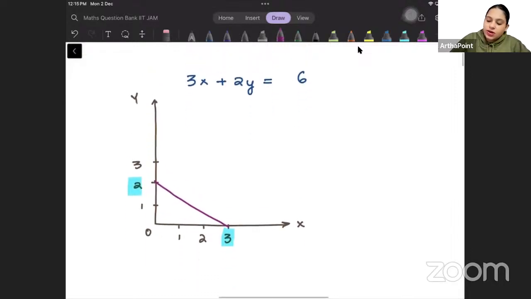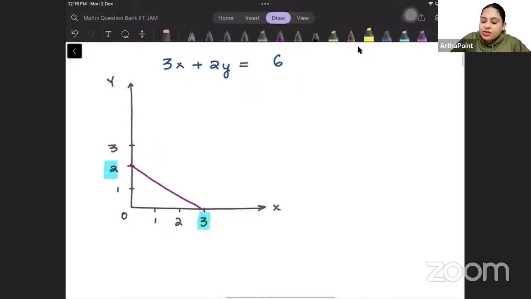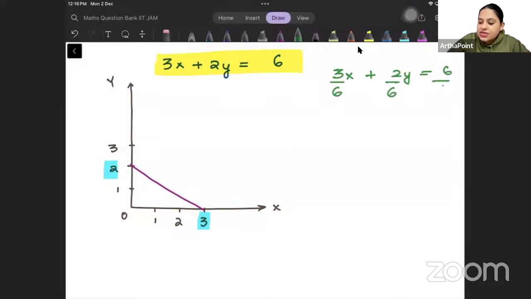Now look at the next one. The next equation says 3x plus 2y is equal to 6. If I divide throughout by 6, I will get x by 2 plus y by 3 is equal to 1.